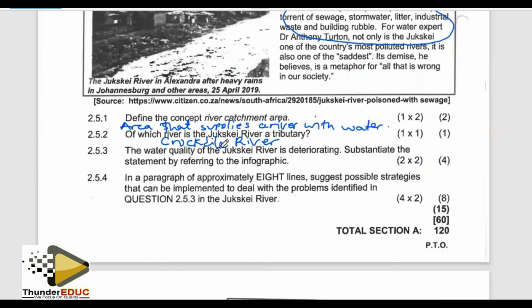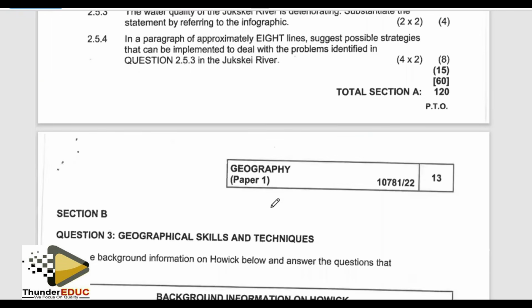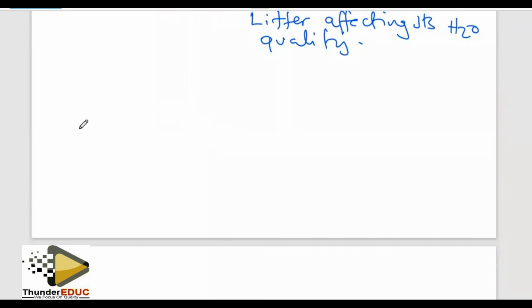So 2.5.4, in a paragraph of 8 lines, suggest possible strategies that can be implemented to deal with the problems identified in question 2.5.3. What can be done?